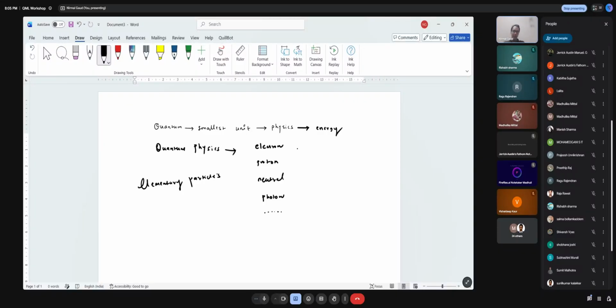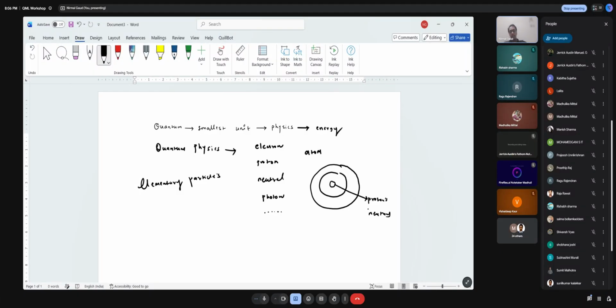For example, in an atom, an electron revolves in its energy level, isn't it? There is a nucleus where protons and neutrons are present and electrons are revolving. Obviously, they are revolving in their energy state.